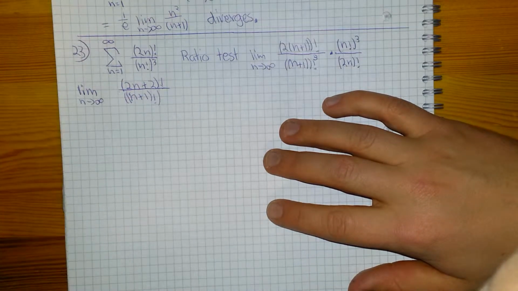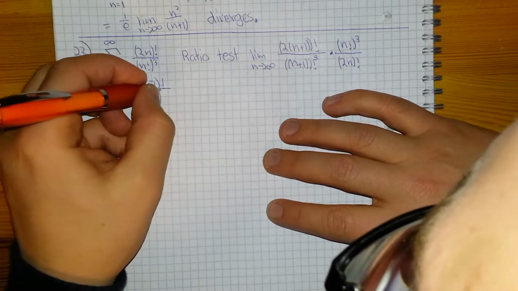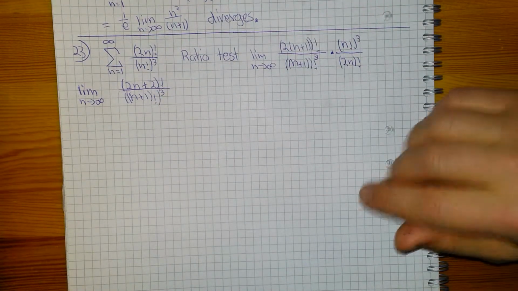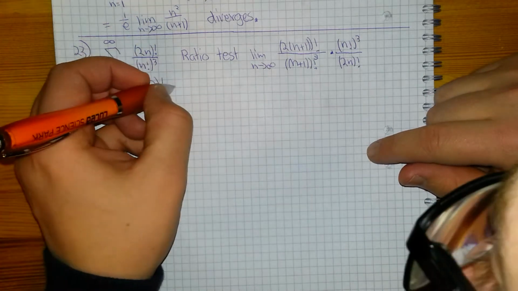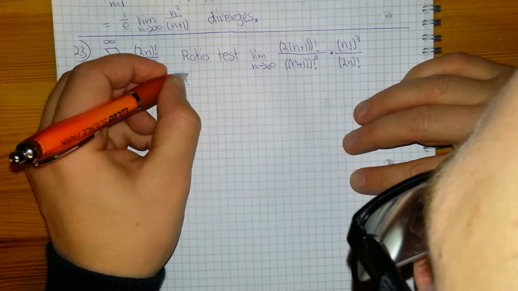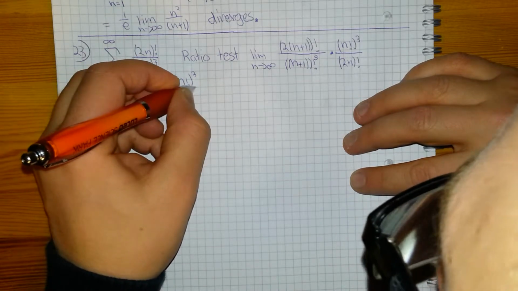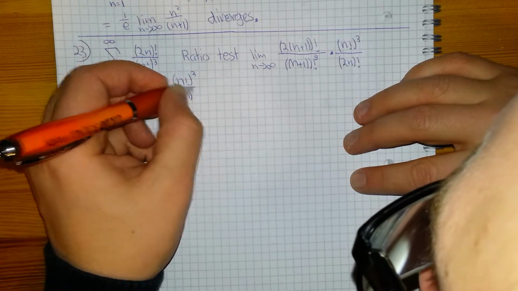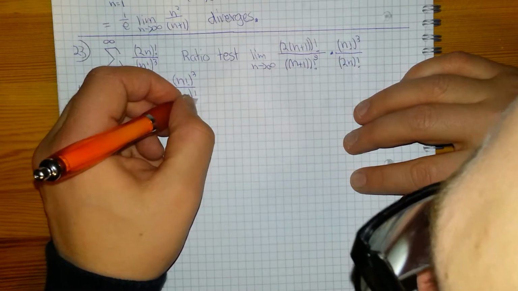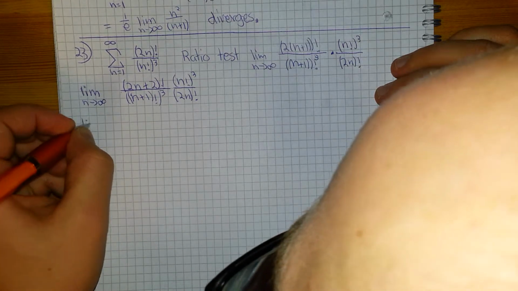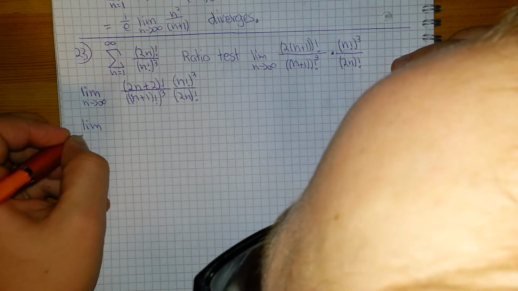All these parentheses. Let's keep it simple. n factorial cubed divided by 2n factorial. I'll write the limit up again. It's annoying though.